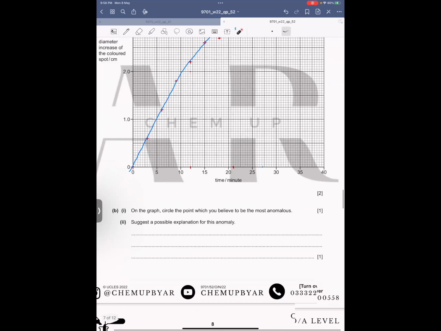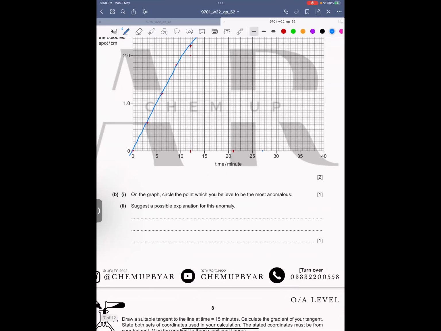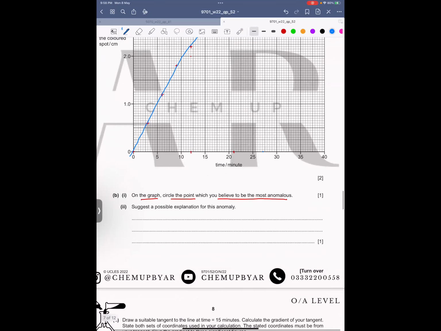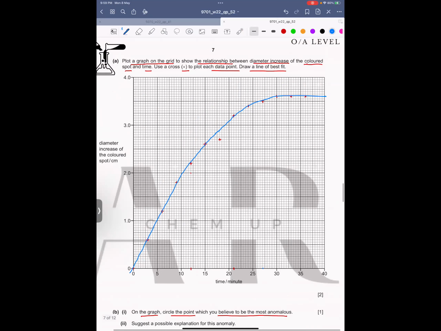Now, what they are saying next, on the graph, circle the point which you believe to be the most anomalous. So, the most anomalous point, if you see, this one is the most anomalous, right?